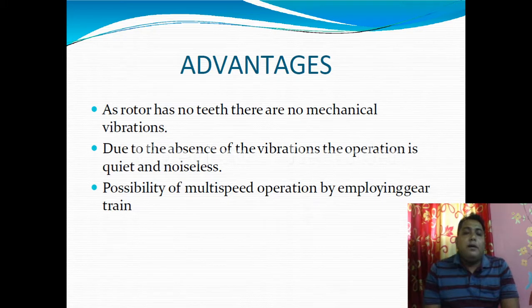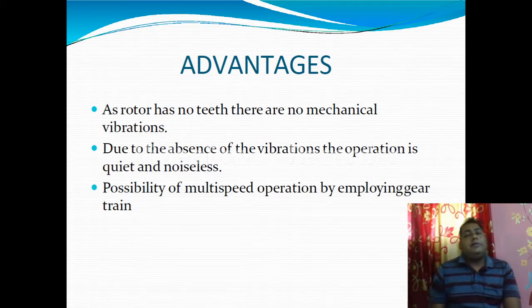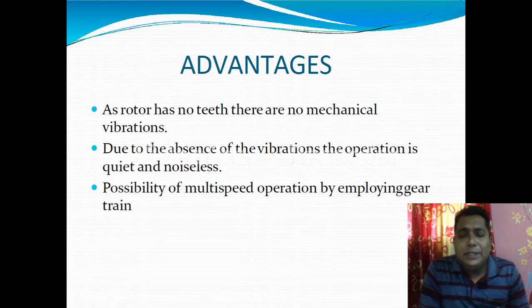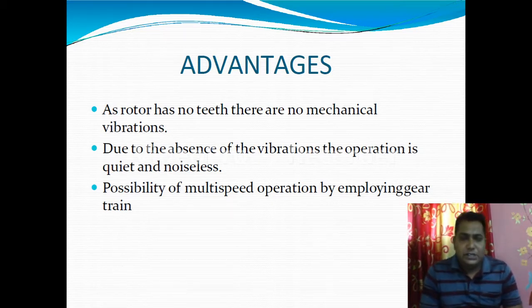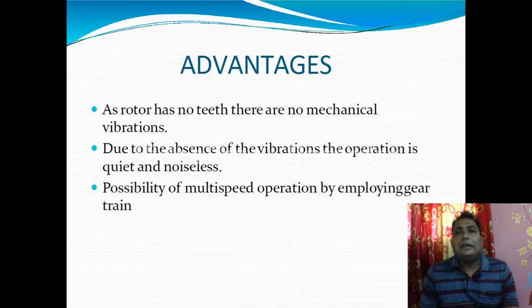There is also the possibility of multi-speed operation by employing a gear train. Now think of where we need quiet and noiseless operation. Suppose we think of a recording machine, and the recorder is running by some motors.